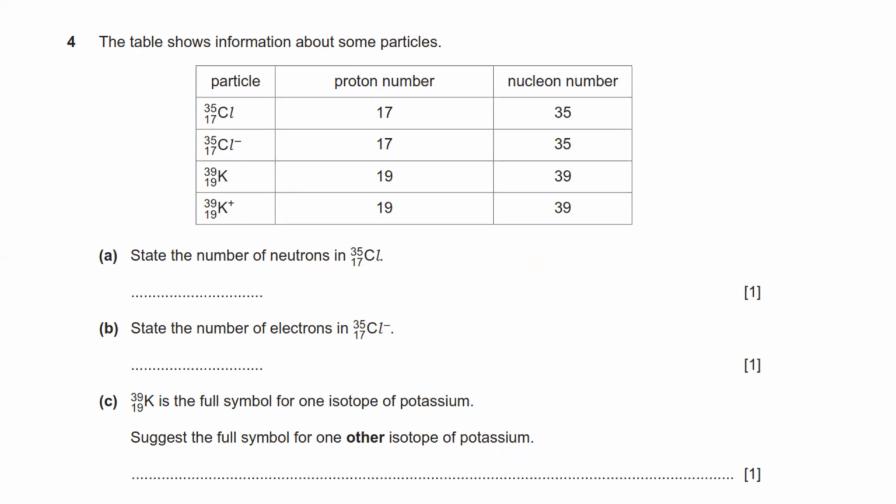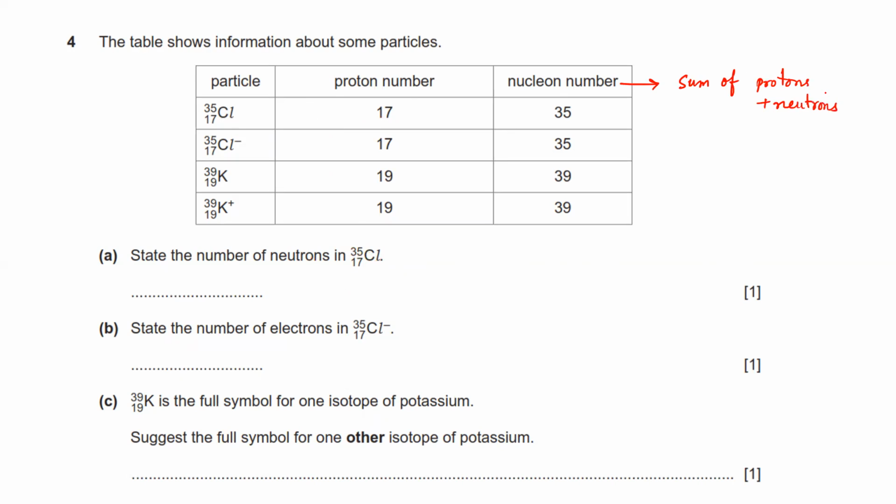It says table shows information about some particles. State the number of neutrons in chlorine 35, 17. So again, we have this particle. This is the proton number, nucleon number. Nucleon number is actually the sum of protons plus neutrons.